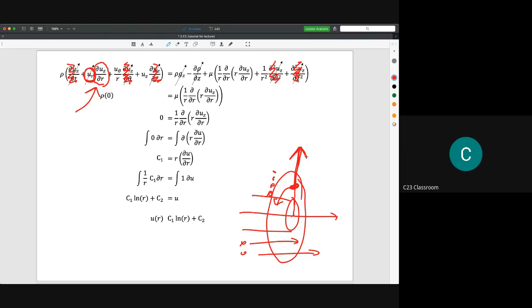You must understand that if the component of u_r exists, the molecule cannot flow straight along the z axis. It will go outer and outer because in one molecule there will be the z velocity and also the r velocity, so the resultant is like this. The streamline is not straight like this one. That's why we assume that there is no u_r in this situation.